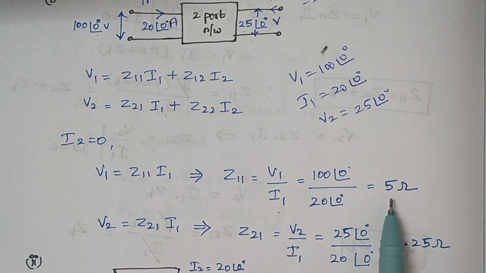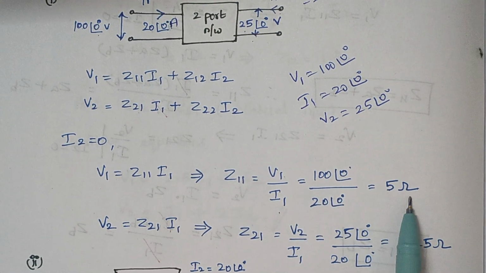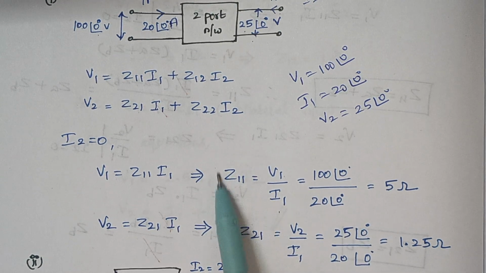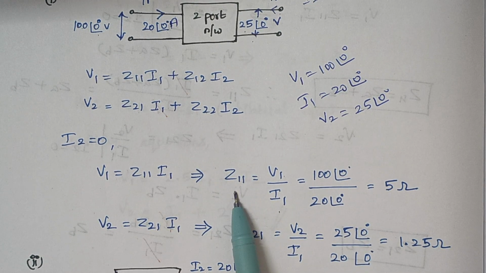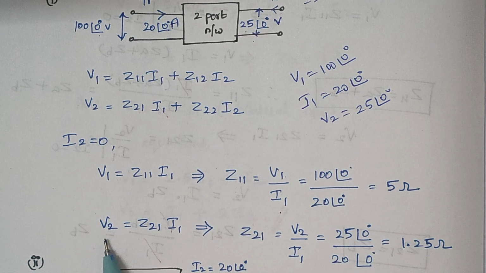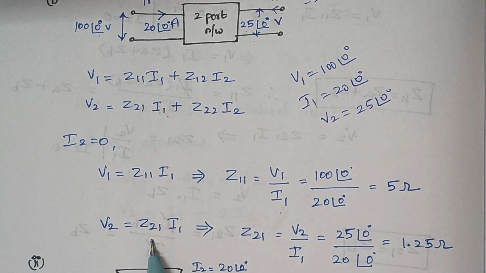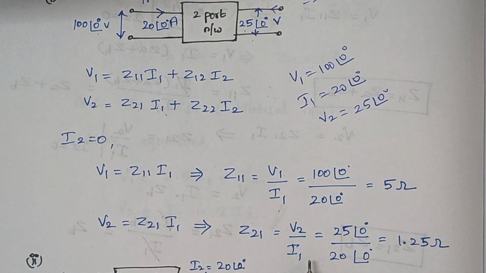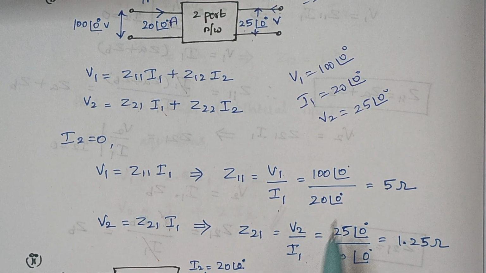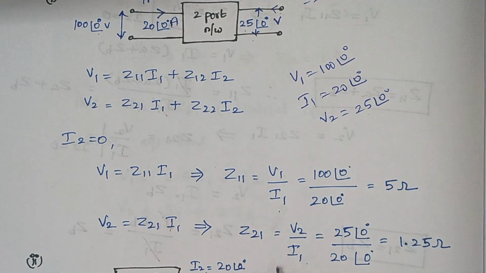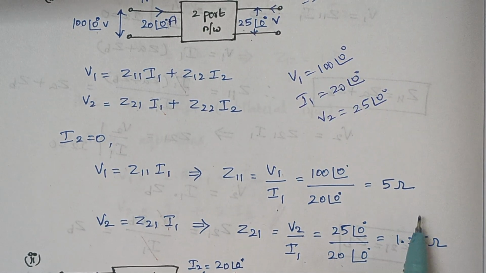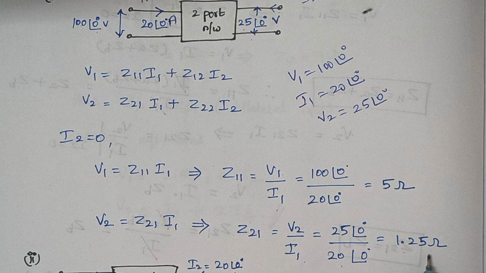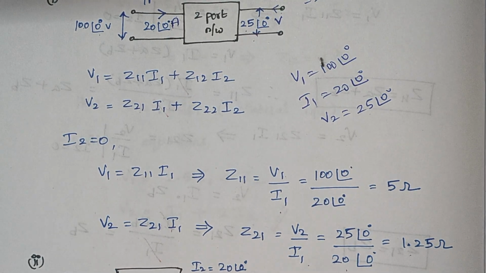So the answer is 5 ohms, because here we are calculating Z11. Now next is V2. V2 is Z21 I1. Therefore, Z21 is given by V2 by I1. V2 is 25 and I1 is 20. So this gives the answer 1.25 ohms.